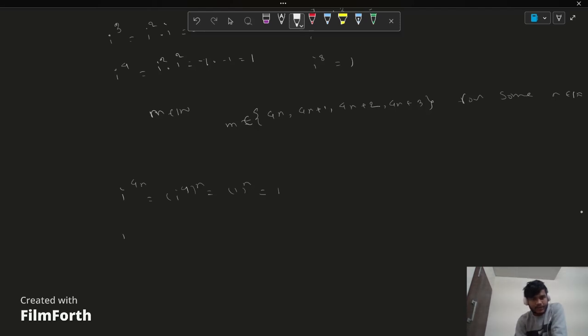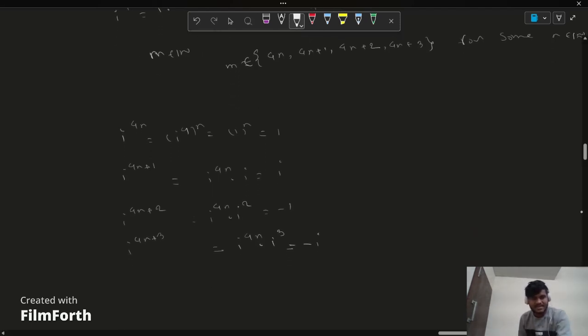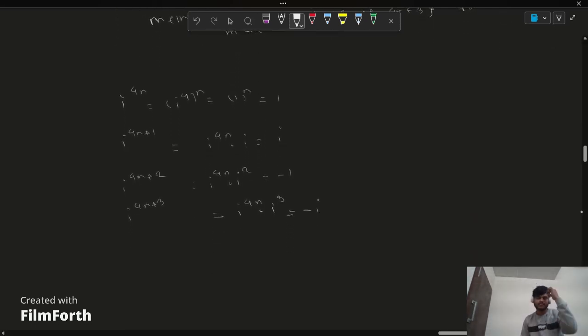Now i to the power 4n plus 1 will be i to the power 4n into i, that is i. I to the power 4n plus 2 will be i to the power 4n into i square, that is minus 1. I to the power 4n plus 3 equal to i to the power 4n into i cube, that will be minus i, right? We see that these values keep repeating.